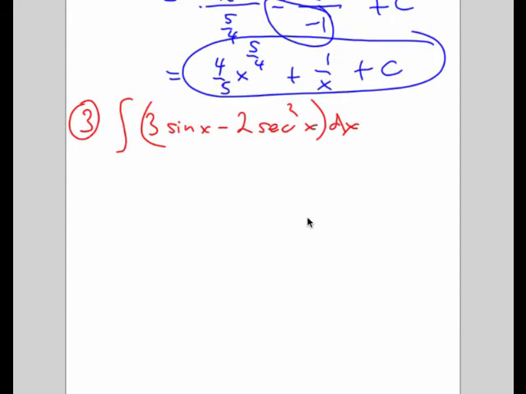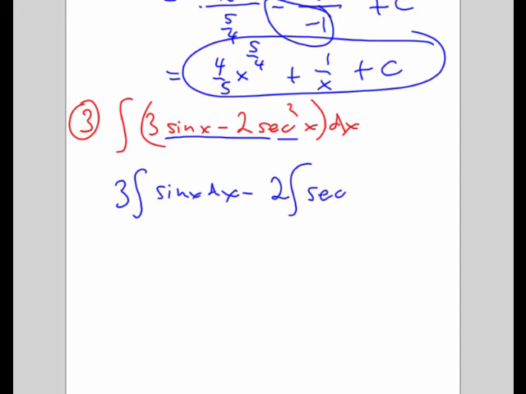Finally, let's look at a trig example. I want to integrate this function. By one of my properties, I can pull the constants out front, with respect to x. Minus 2 times the integral of secant squared x with respect to x. And I say to myself, what function has sine x as its derivative?